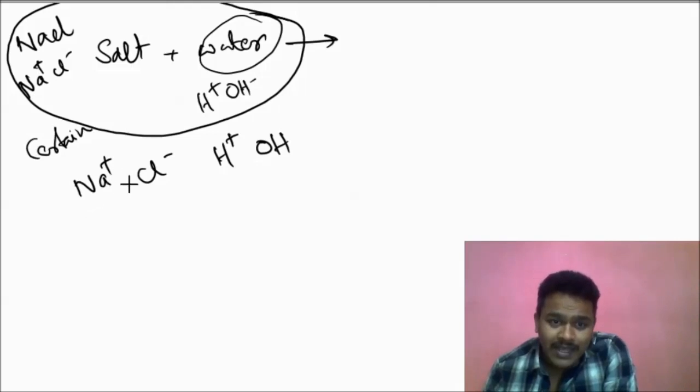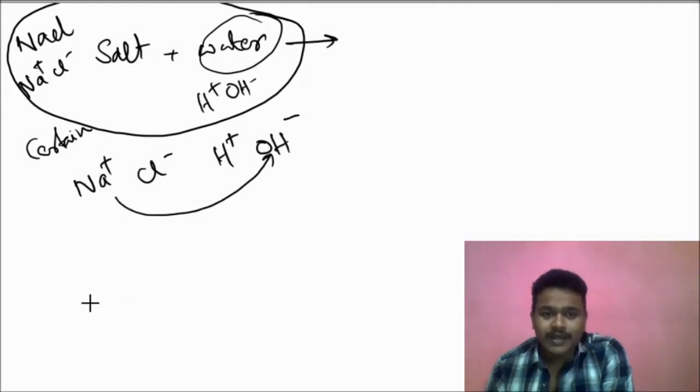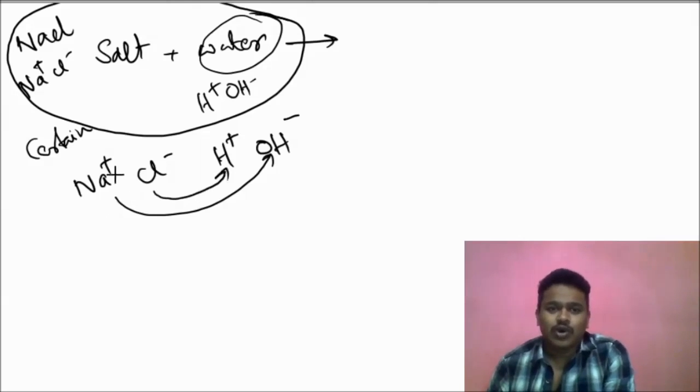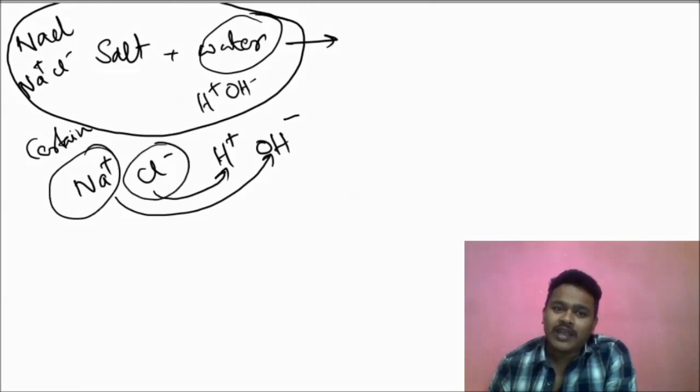This Na plus can react with this OH minus. This Cl minus can react with this H plus. So both can react. The cation and anion of a salt can react with the water.